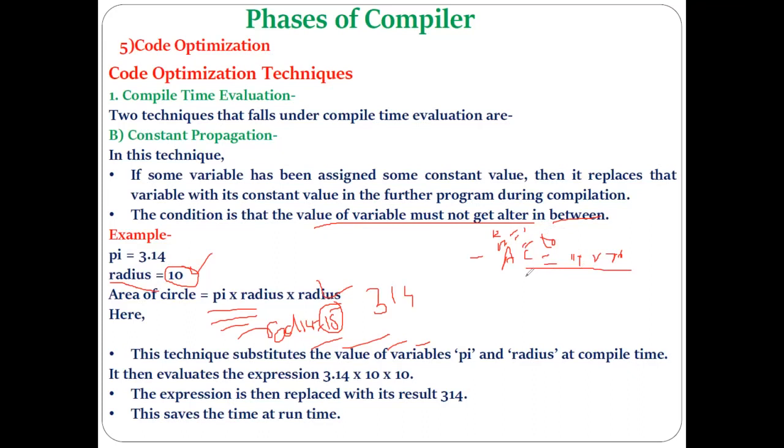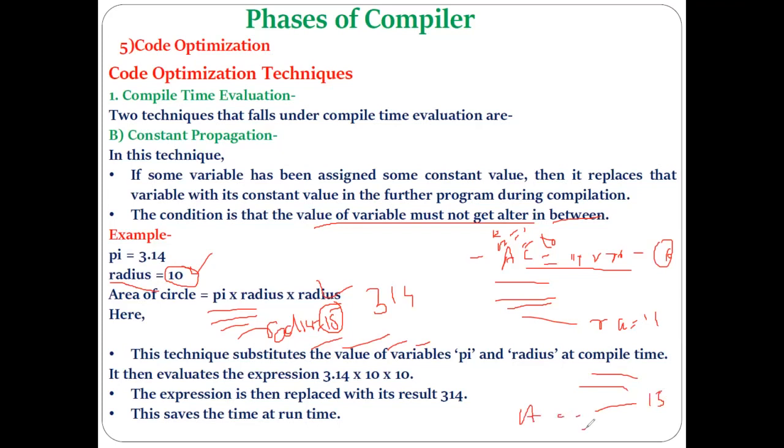Understood? But now see, in the next part of the program you again declare the radius as 11. Now this is your formula present at line number 10, for example, and again you have written the formula at line number 15 to calculate the area of circle.